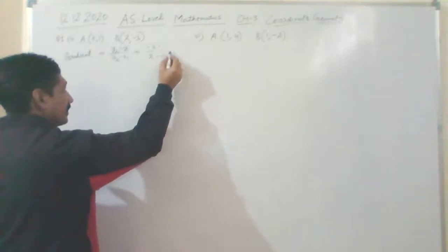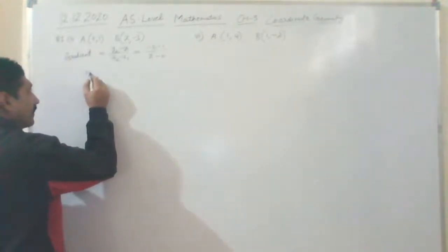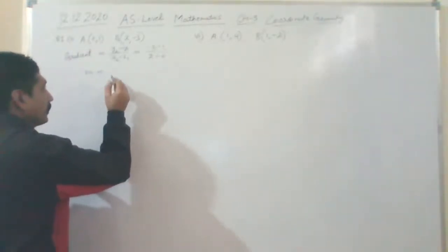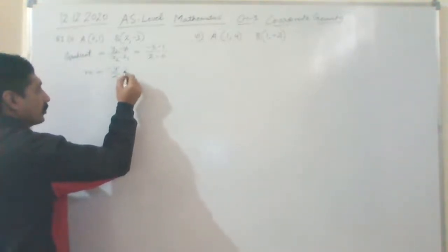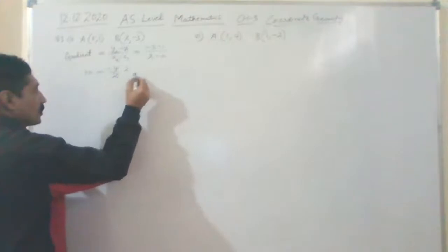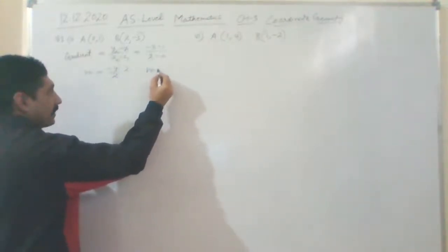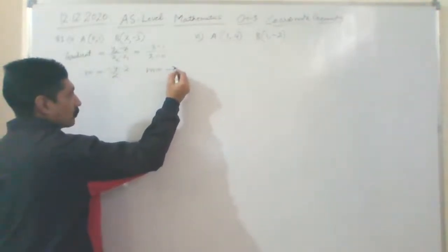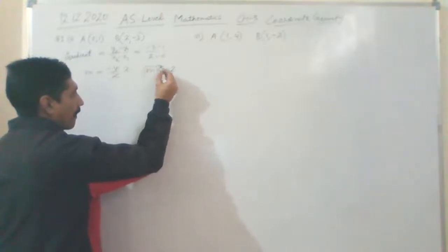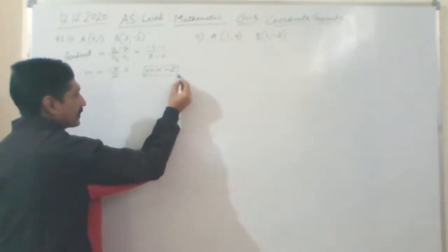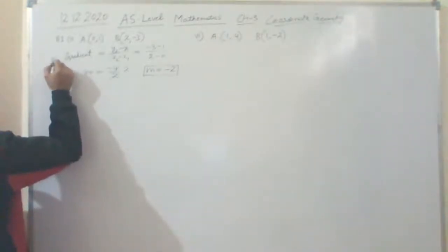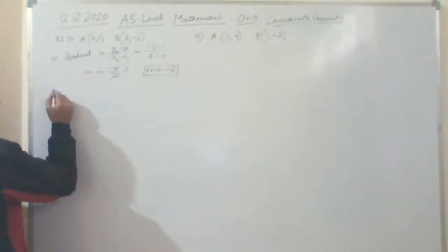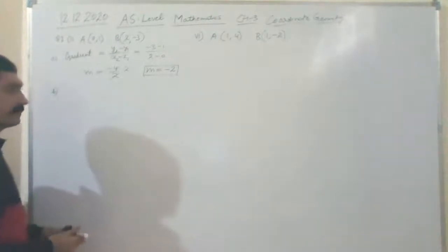So here what is the gradient? Gradient m is equal to minus 4 upon 2. So what is the slope? Slope m is equal to minus 2. Next, this is part A, part B, the distance formula.